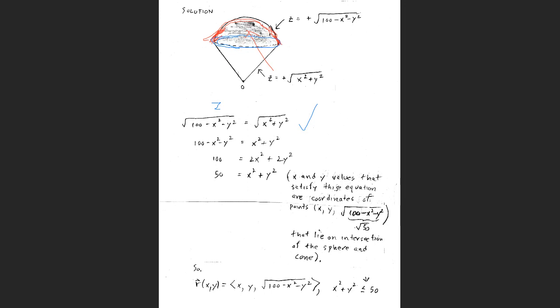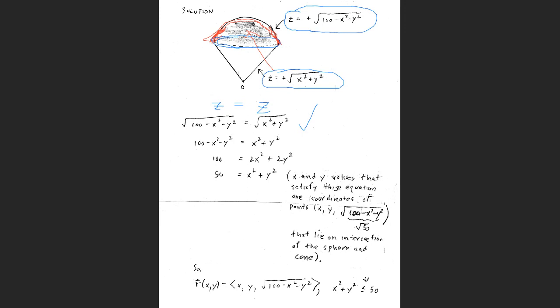I'm saying z equals z, where the z coordinates of the cone equal the z coordinates of the sphere is where the intersection is going to be between the sphere and the cone.